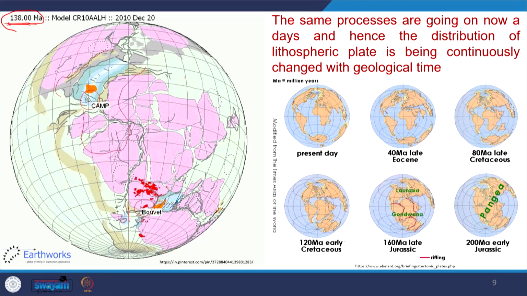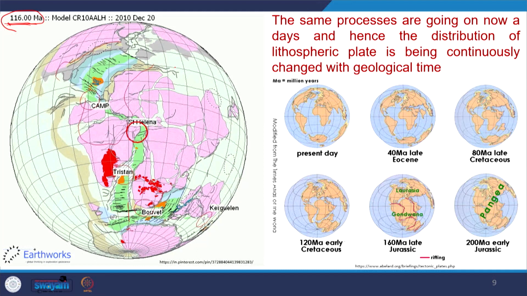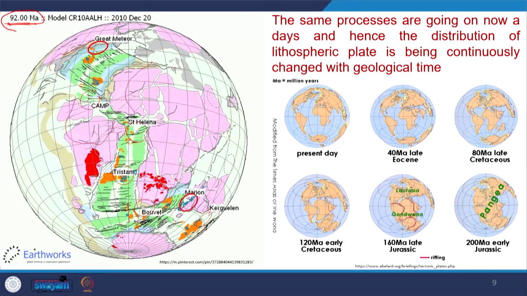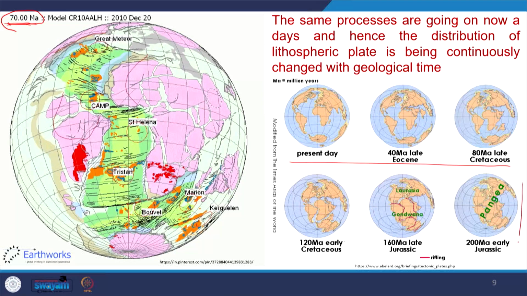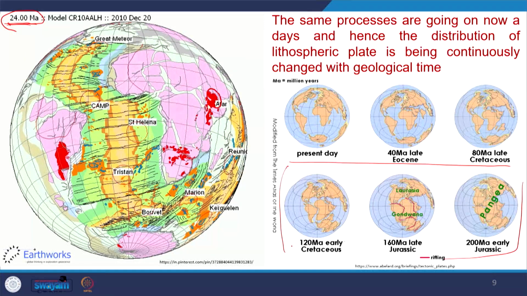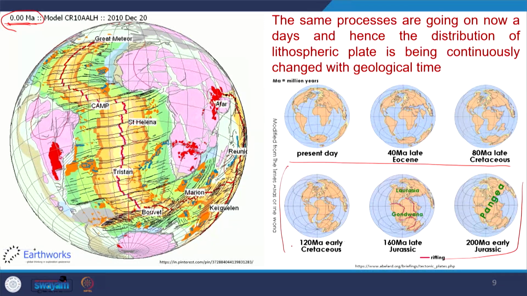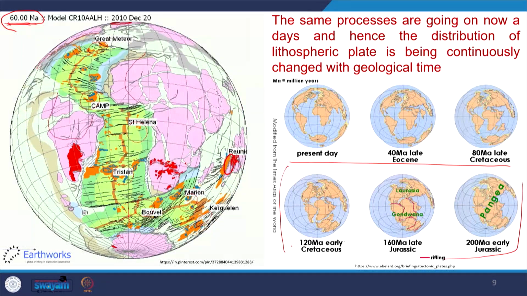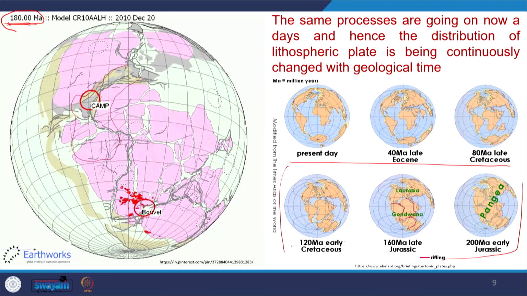So, the plate configuration is changing, different plates are moving in different directions, and these are the plate configurations at different geological times. This geological time-wise change in plate configuration is due to the change in the relative velocity of these plates, and this relative velocity defines how the plate boundary will either remain constant or shift eastward, westward or north-south, depending upon the earlier configuration and the relative motion along the plate boundary.